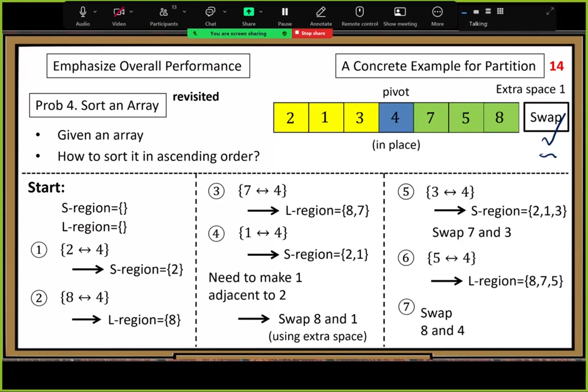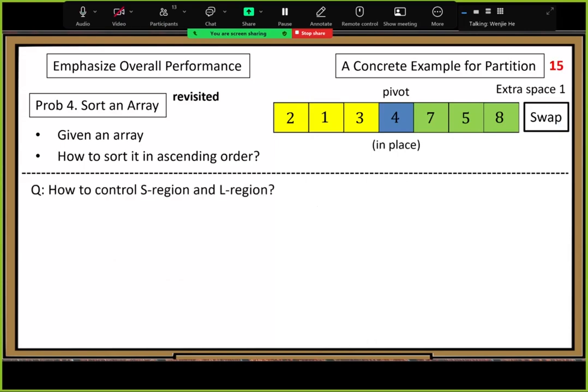Now, this is a visual understanding. We use a diagram so we understand the partition visually. But in programming, you need to find a way to control the regions, especially the S region and the L region. It's very easy to control.